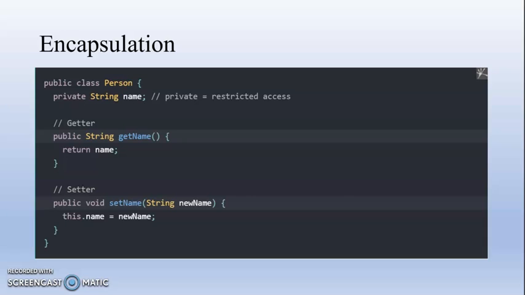Private means it has restricted access. However, the getter and setter methods, which are public, getName and setName, can access the private string name. So we don't have to actually change that string for each person. We can set a new name and get a new name for each person.